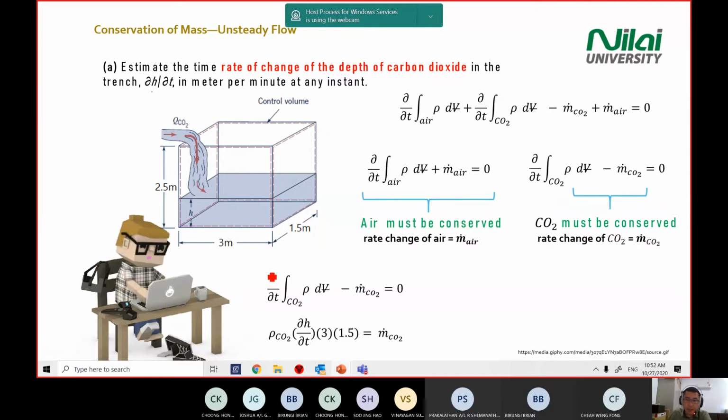You pull out the CO2 component on a CV and CS. So del over del t integrate CO2 rho dV. Again, this is the volume, minus because it's going to the control surface, m dot CO2 equals 0.